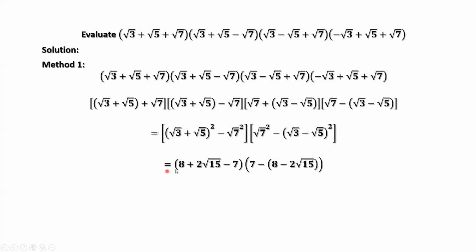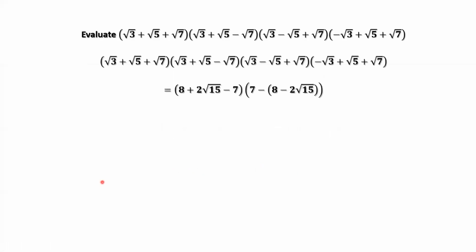We have 8 plus 2 square root of 15 minus 7. 7 minus 8 minus 2 square root of 15. Continue to simplify. The first part is 2 square root of 15 plus 1 times 2 square root of 15 minus 1.